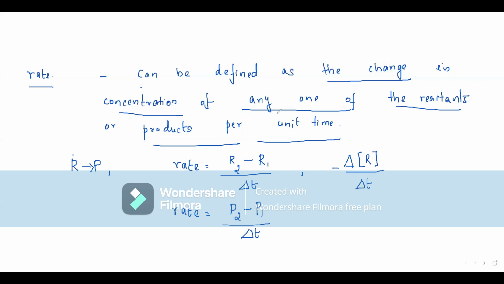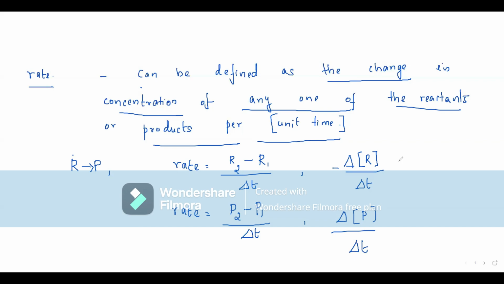Look at the last part of the statement: per unit time. So whatever is the change in concentration, that has to be divided by the time taken for that change. Now, this is equal to delta P by delta T.